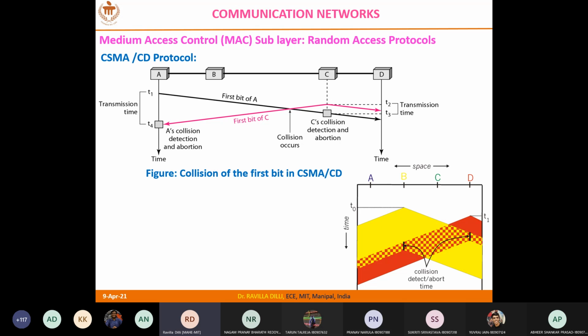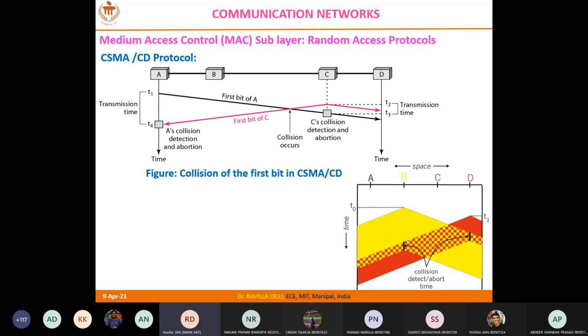When A is going to realize the collisions, or in order to realize the collisions at node A, what should be your frame transmission? Sir, is it the frame transmission plus the propagation time? No. See, when you start the frame at time instant T1, it takes T prop to reach D. So after T prop, D is going to realize the collisions.